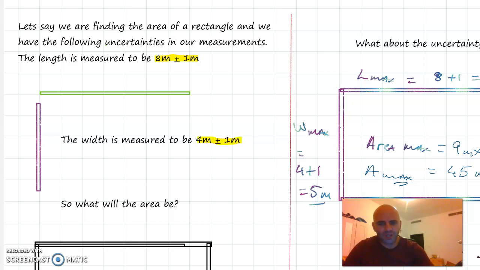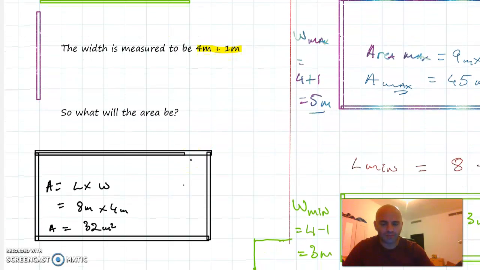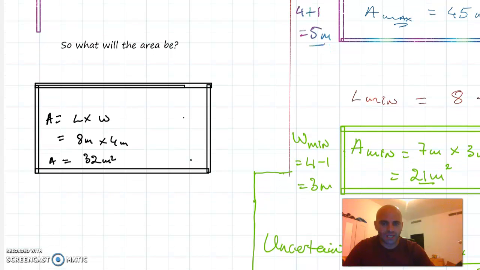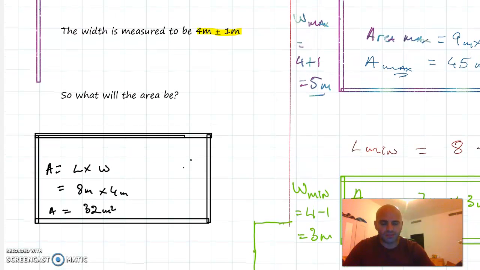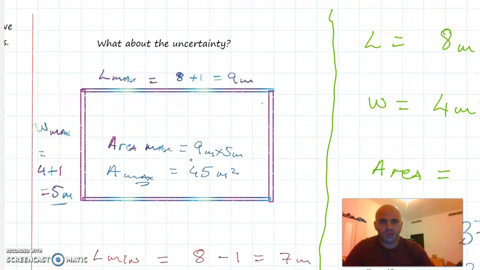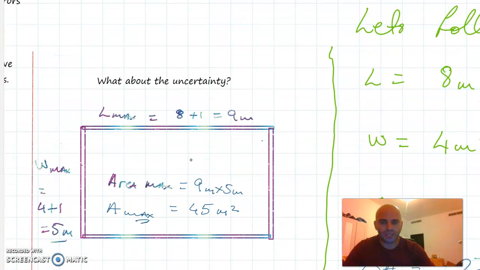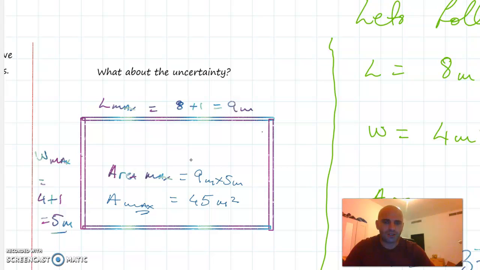So if we want to calculate the area, the area as normal is just length times width. The length times width is 8 times 4, which is 32 meters squared. But then, what about the uncertainty? To understand what's happening with the uncertainty, if you take the maximum length you could possibly have, you'd have 8 meters plus the 1 meter uncertainty, giving a total of 9 meters.